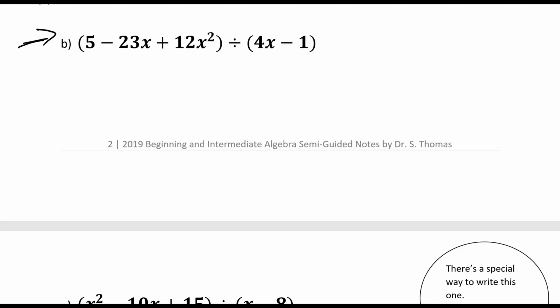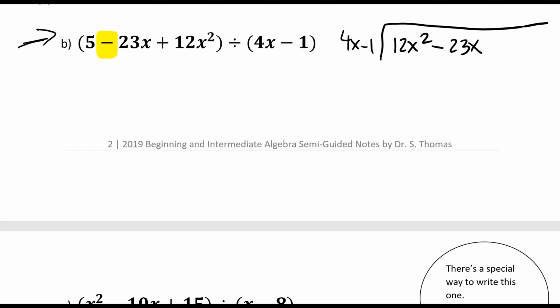Okay, so when we start to write 4x, let me put it over here, 4x minus 1 divided into, we need to put 12x squared first, minus 23x, because notice there's a minus sign in front of the 23x. So we always carry the sign that's in front of that term with it.